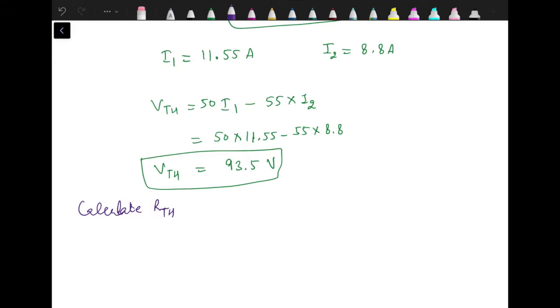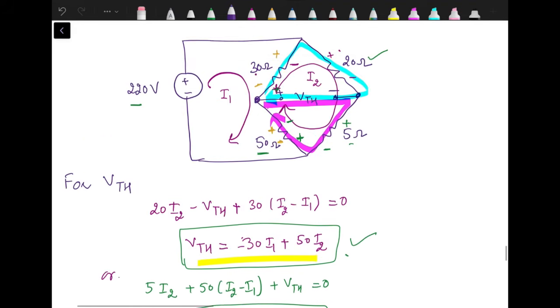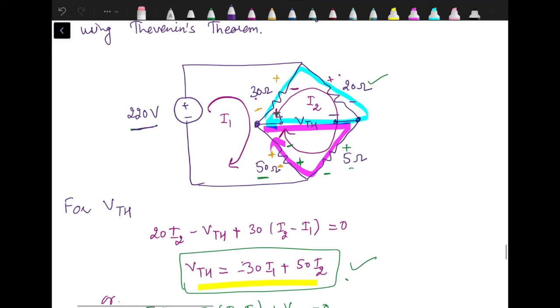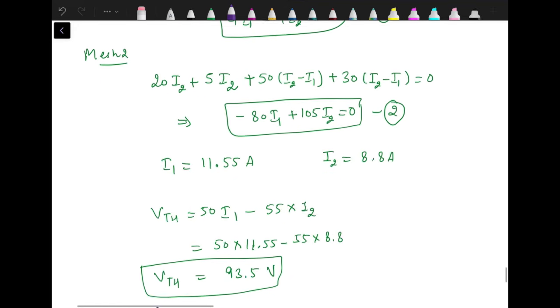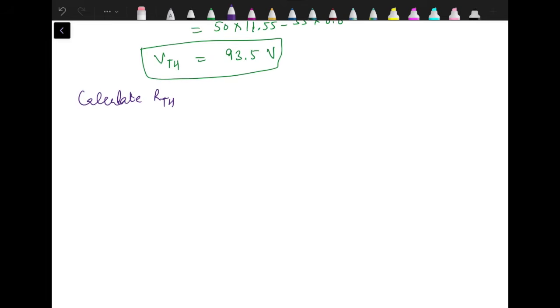RTH. Now for calculating RTH, we have to replace this 220 volt source by a short circuit. So the 220 volt source is replaced by a short circuit.